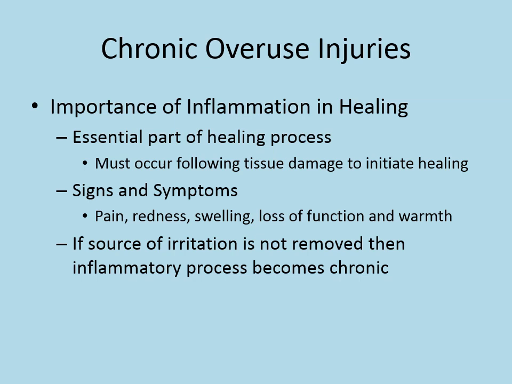So the pain, redness, swelling, loss of function, and warmth that occurs after an acute injury is inflammation. But if the source of that irritation is not removed, then the inflammatory process can become chronic. So with acute inflammation, I tend to think of it as being red hot and angry, right? So inflammation, flame, like fire. But chronic inflammation is slightly different. We'll talk about that on later slides.